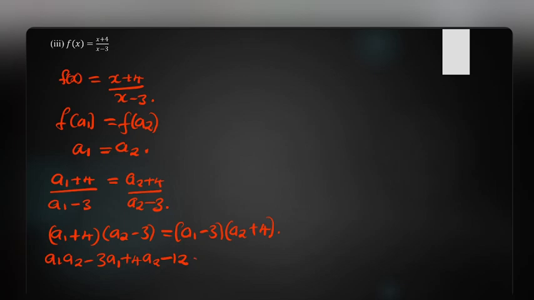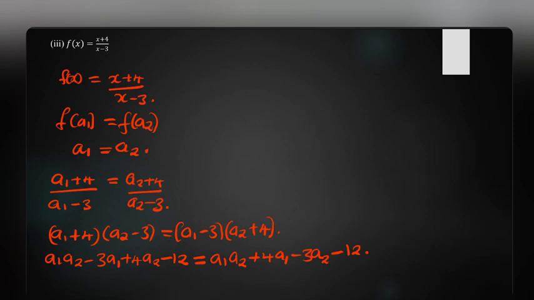Now on the other side, a1 times a2 is a1a2. Then a1 times 4 is 4a1. Then negative 3 times a2 is negative 3a2. Then negative 3 times 4 gives us negative 12.